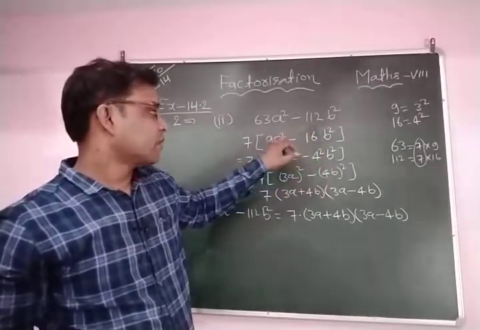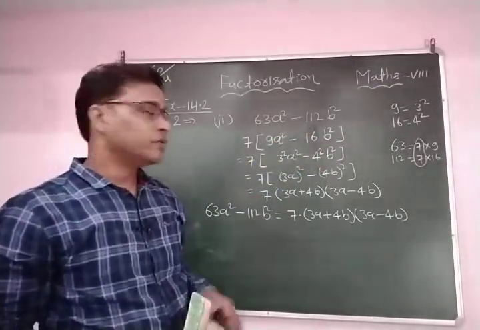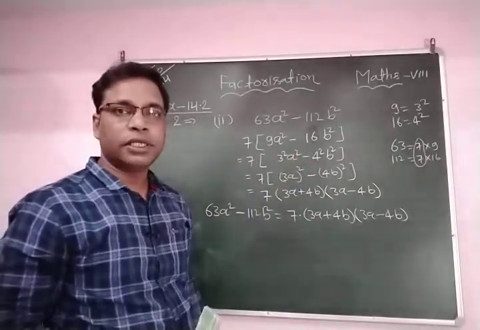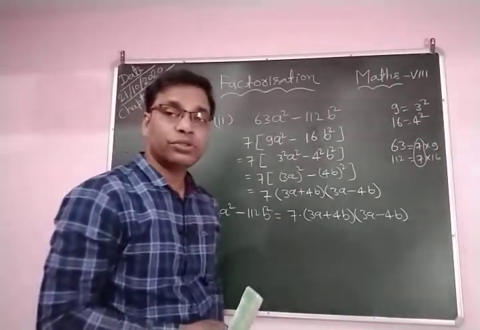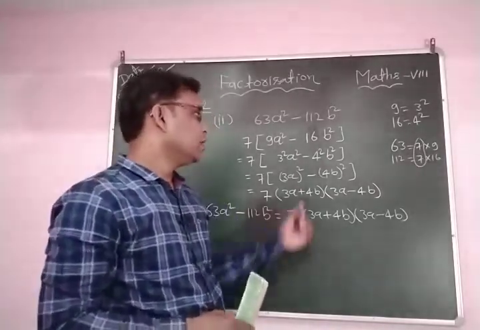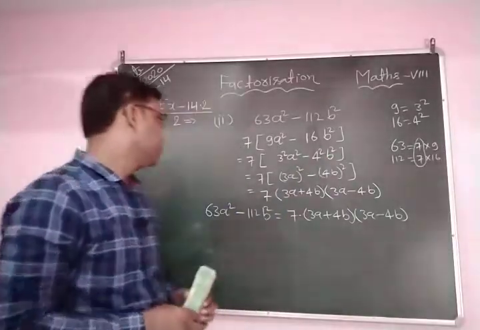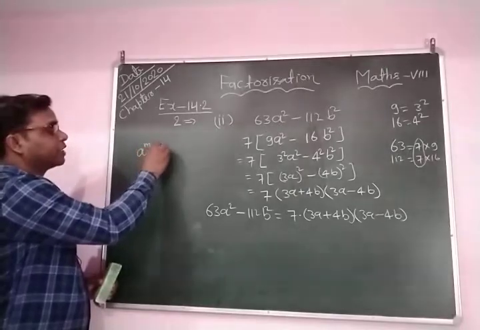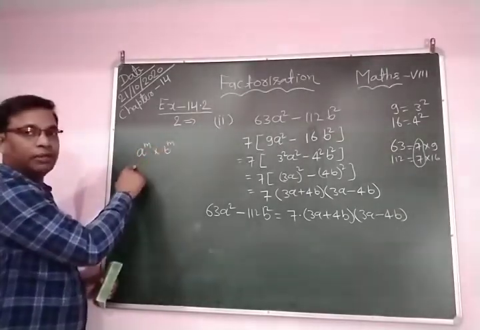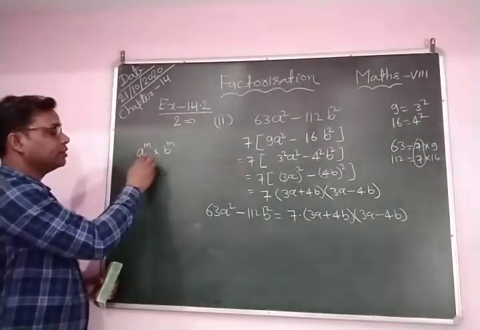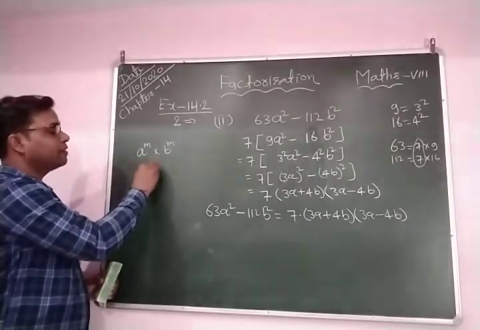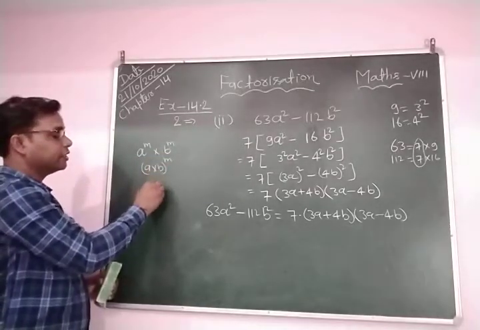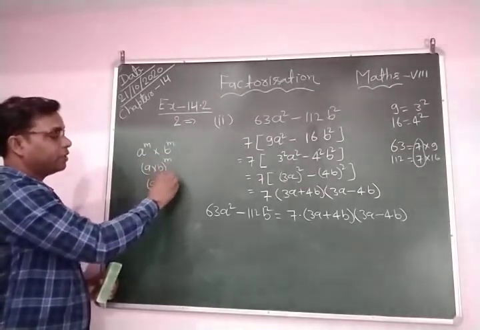So you know that 9 is the square of 3, so you can write it as square of 3 into a square, and 16 is the square of 4, so you can also write 4 square into b square. But you know this law of exponent, if bases are different but powers are same in the case of multiplication, a power m into b power m is equal to the product of the numbers whole power m, or you can say this is (a into b) power m.